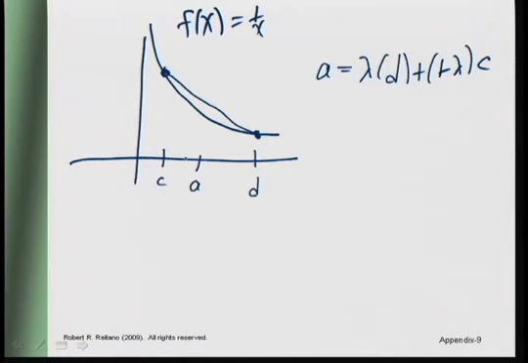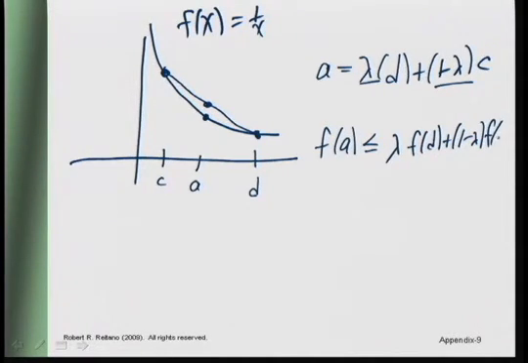It says that f of A is going to be less than or equal to this same combination of the function values, which would be this point: lambda f of D plus 1 minus lambda f of C. That's all it means.